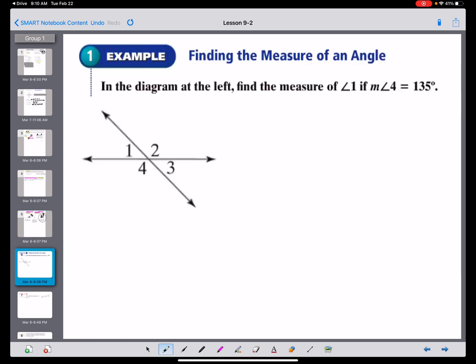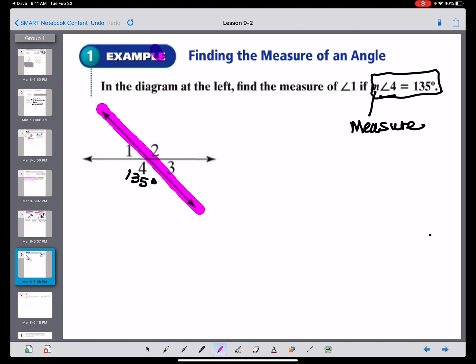All right, let's try some more. In the diagram at the left, let's find the measure of angle 1 if the measure of angle 4 is 135 degrees. The first thing I like to do is label what's given to me. I know that the M, meaning measure, of angle 4 is 135 degrees. If I know that that's 135 degrees, what other angle measure do I know? Well, I see that this is a straight line, and a straight line, or a straight angle, measures 180 degrees.